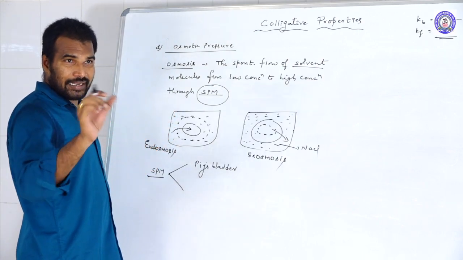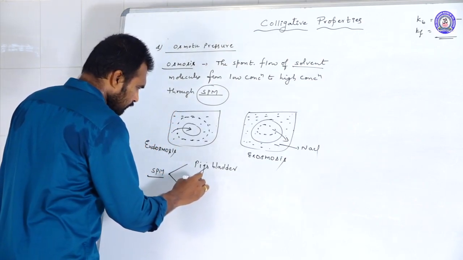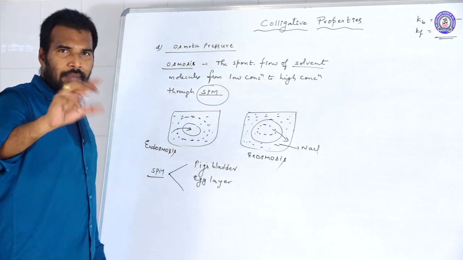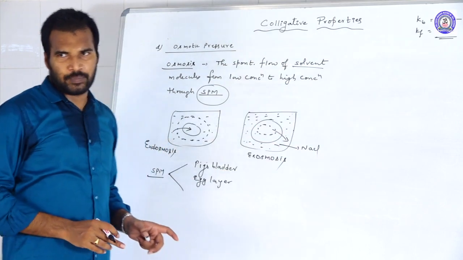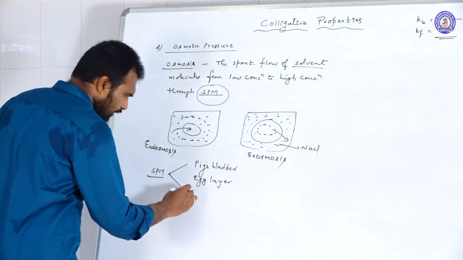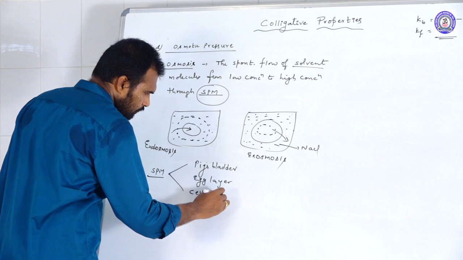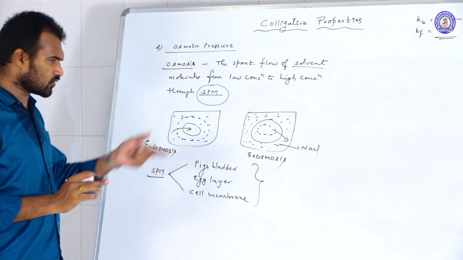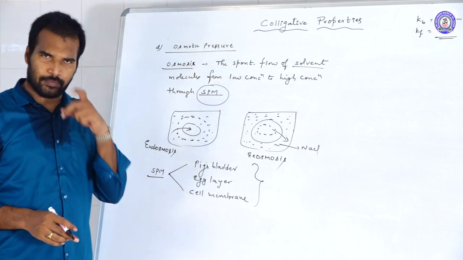The egg layer, or else the membrane present on RBC, red blood cells, or else the cell membrane also we can use. So these are all natural sources we can use as semi-permeable membranes.